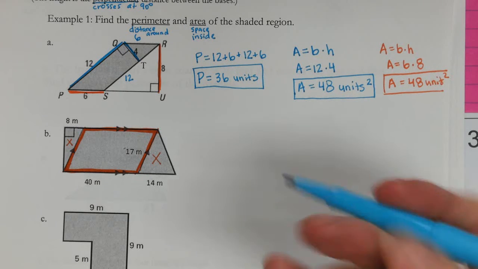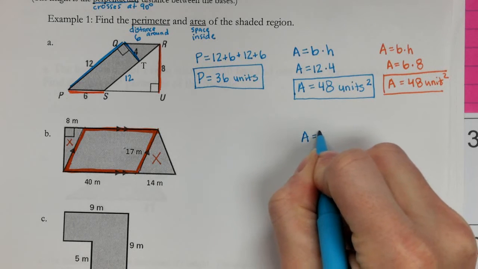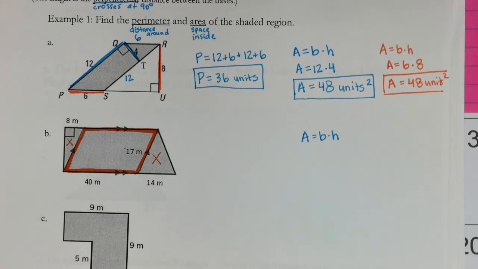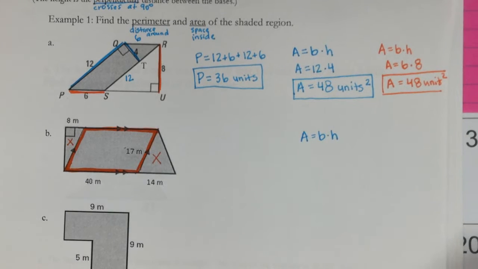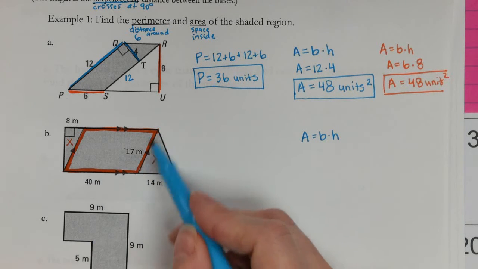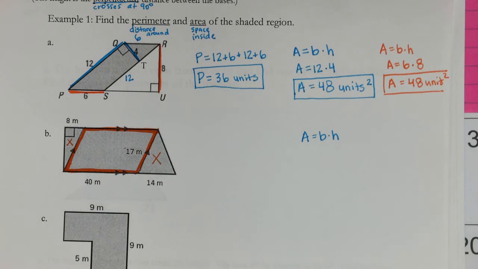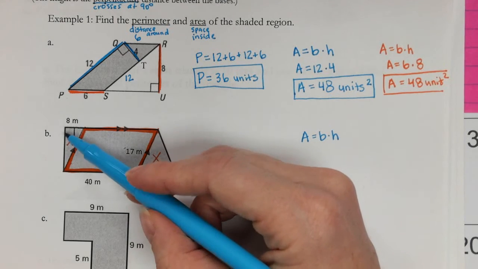Alright, we know this is a parallelogram, right? So for area, we know we have to do base times height. Then, if I look in this picture, my base could be 40 because it has parallel. My base could also be 17 because it has parallel. And right now I don't have a height because I don't have what is 90 degrees.